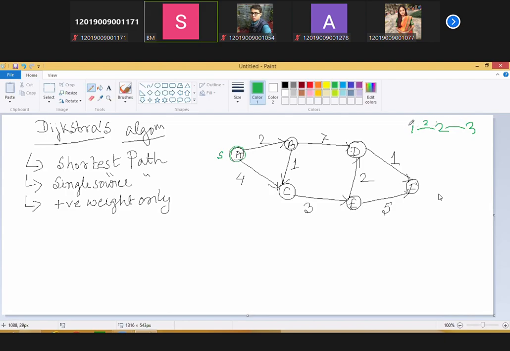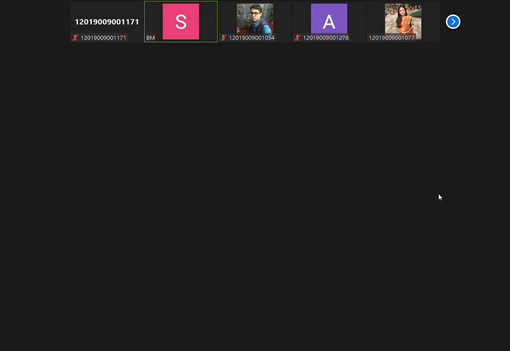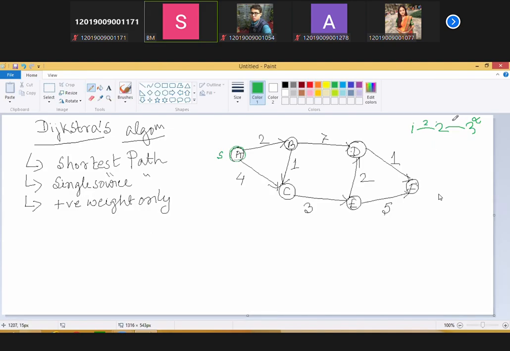But from 1 to 3 no path exists directly, so initially it will be taken as infinity. And say here some weight, say 3, is given. So at the first iteration, at the beginning, you will think that 1 to 3 is infinity. But when you consider the path from 1 to 2, then in the next iteration you will consider that up to 2 the distance is 2, and then up to 3 is this 2 plus this 3, which gives you 5, which is less than infinity, and you will get that.